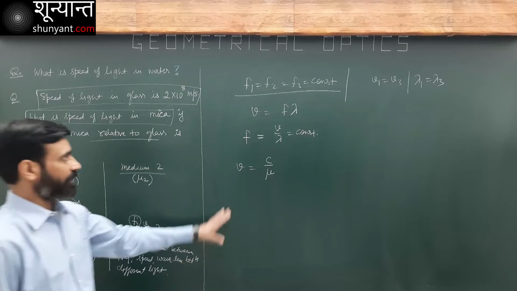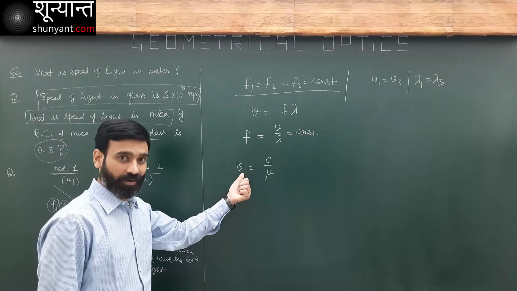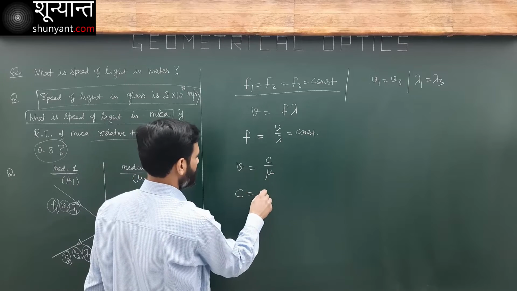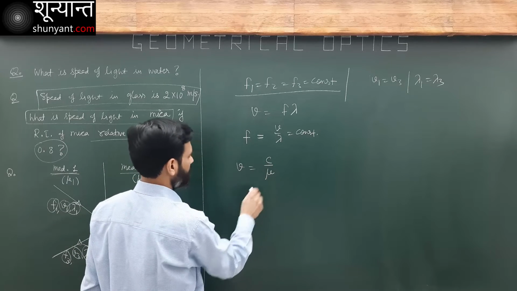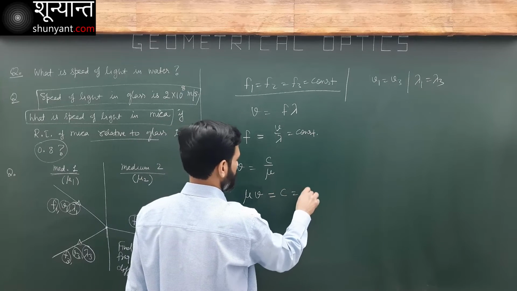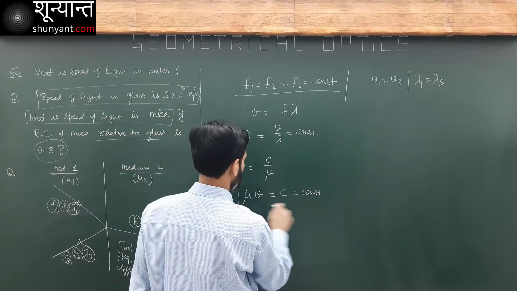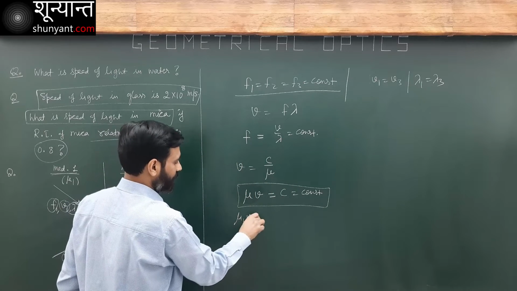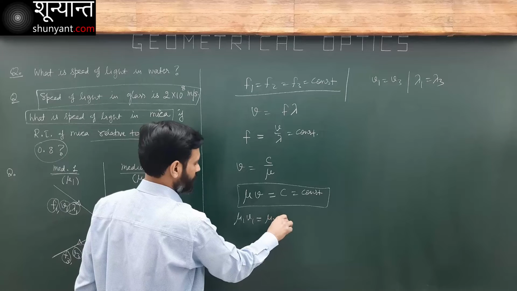Understand this, very, very important result. We just discussed it. Mu times V is going to be C, which is constant. That means mu1 V1 is equal to mu2 V2.